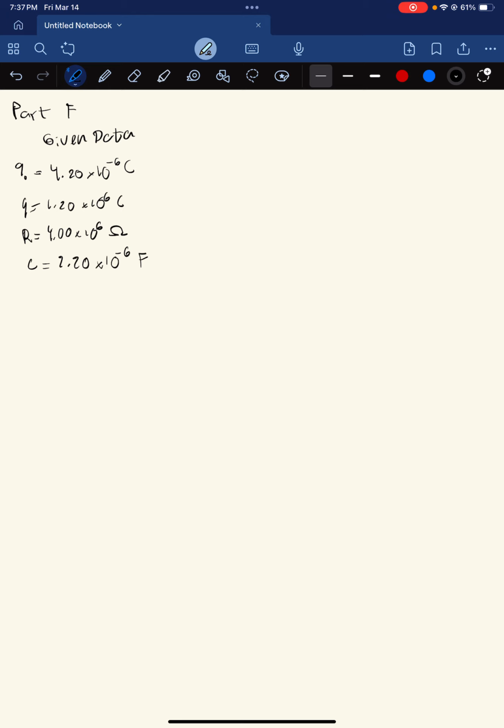First of all, we're going to use this equation. We're going to get the time constant first, which is multiplying the resistance by the capacitance. Let me get that on the calculator.